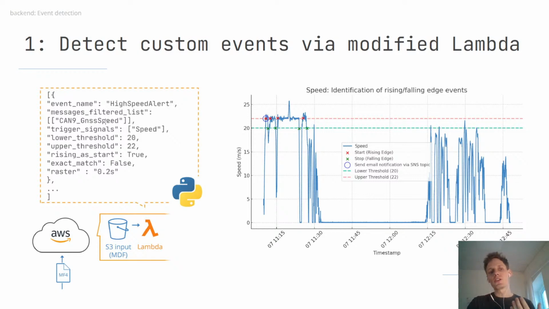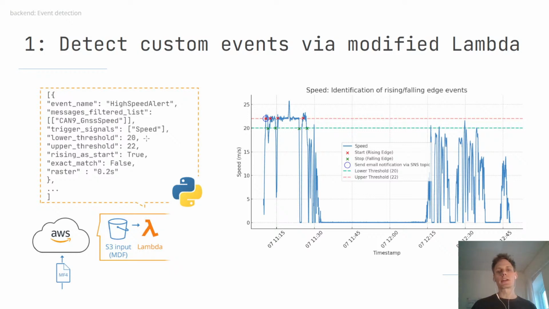What message is the relevant signal stored in? In this case, it's stored in the internal GPS of the CANedge 3, for example, in the message called GNSS speed. And the trigger signal we're interested in is simply called speed in this case. Then we want to define a lower threshold and an upper threshold.